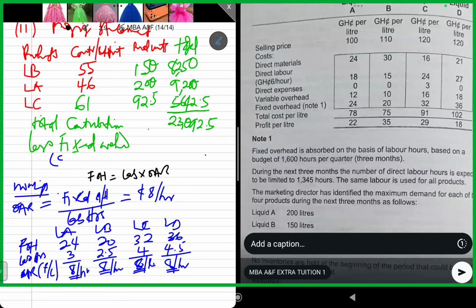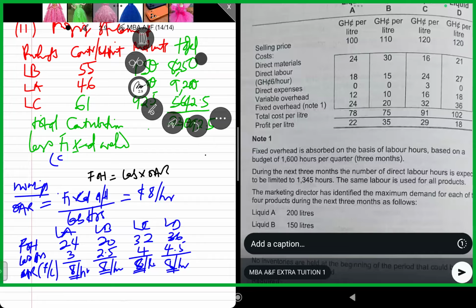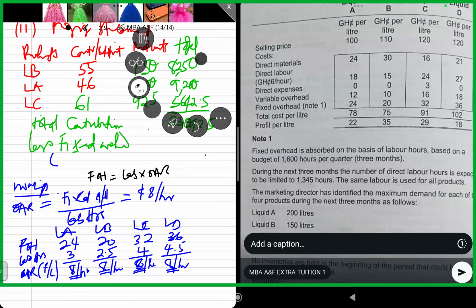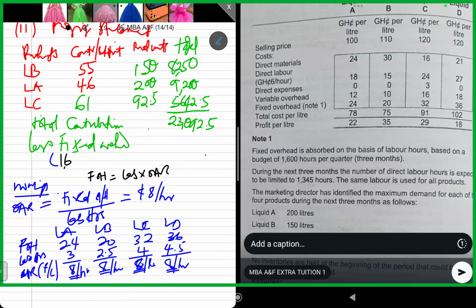That's it. And if I want to find the OAR, I just divide both sides by labor hours. Is that correct? Good. So the formula will be the labor hours, which is the total 1,600 hours in the question, times the OAR, which is 8 cedis per hour. That's it. Do we get it?